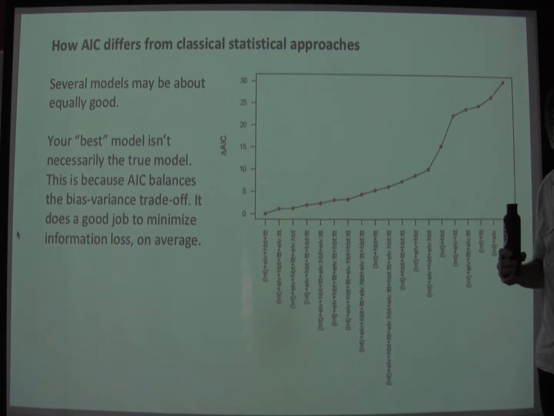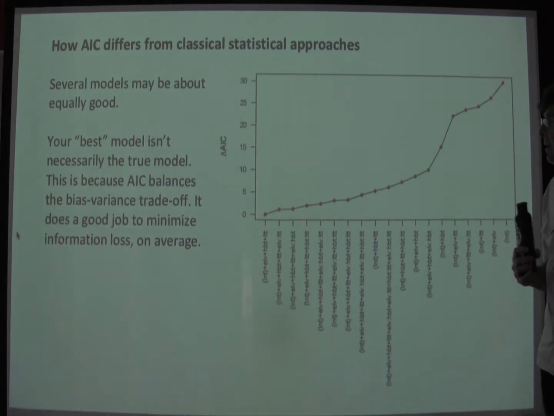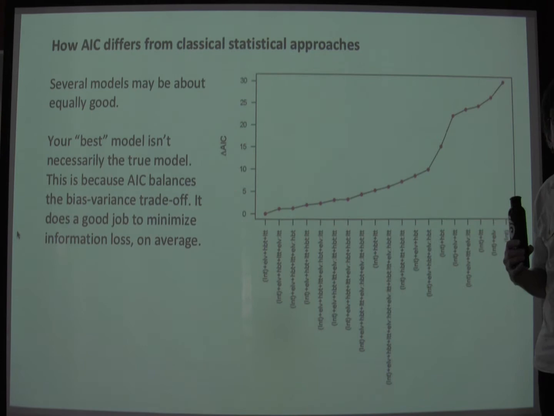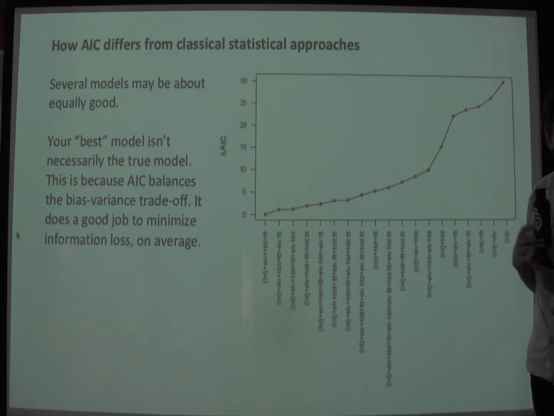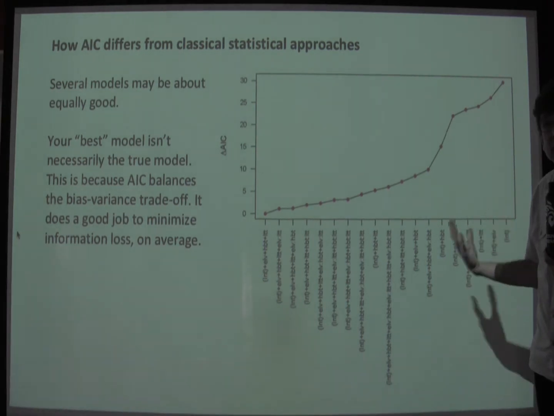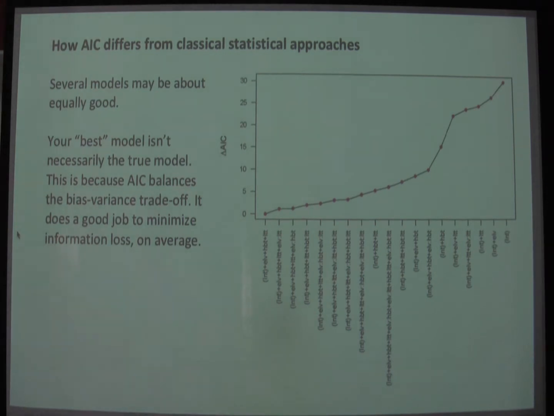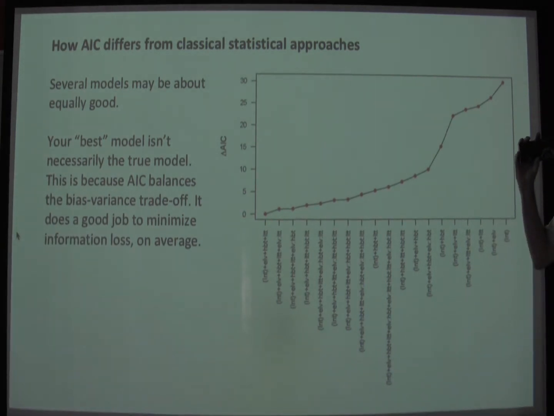All we know is that this procedure in the long run gets us the least information lost when trying to fit a model to data. So try to avoid assuming that this best model is actually the truth somehow, because we don't actually know what the true model is, and we never will, unless we collect an infinite sample size.